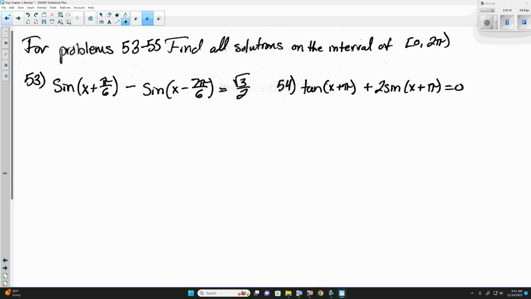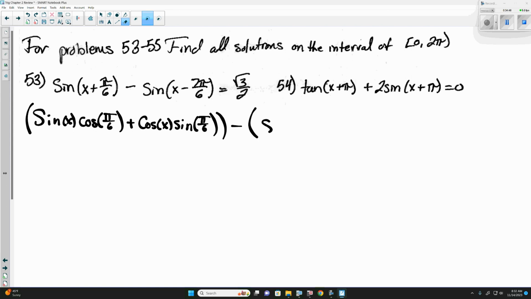Yep. Find all of the solutions on the interval of 0 to 2 pi. I'm just going to look straight at 53 because here we have a sum of 2 angles. So I'm going to use the sum formula. Sine of x, cosine of pi/6, plus cosine of x, sine pi/6, minus, same thing with our other sine difference formula.